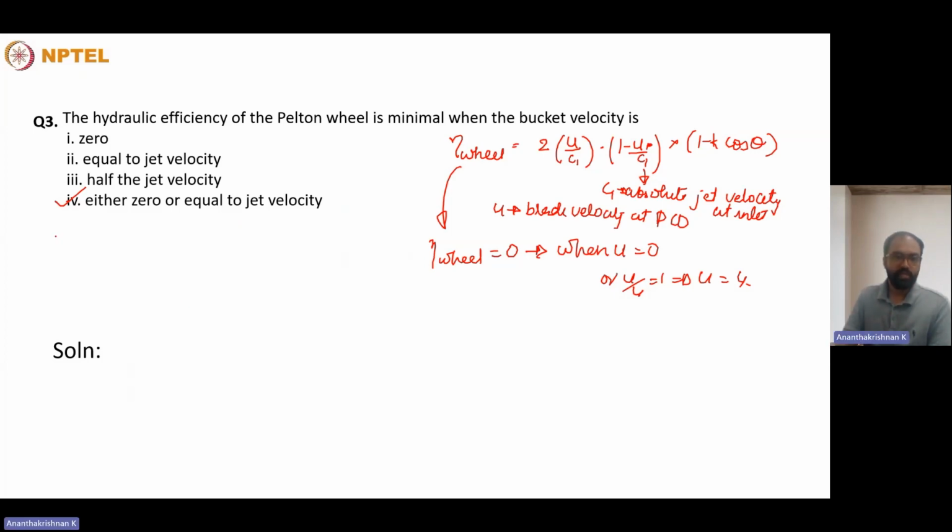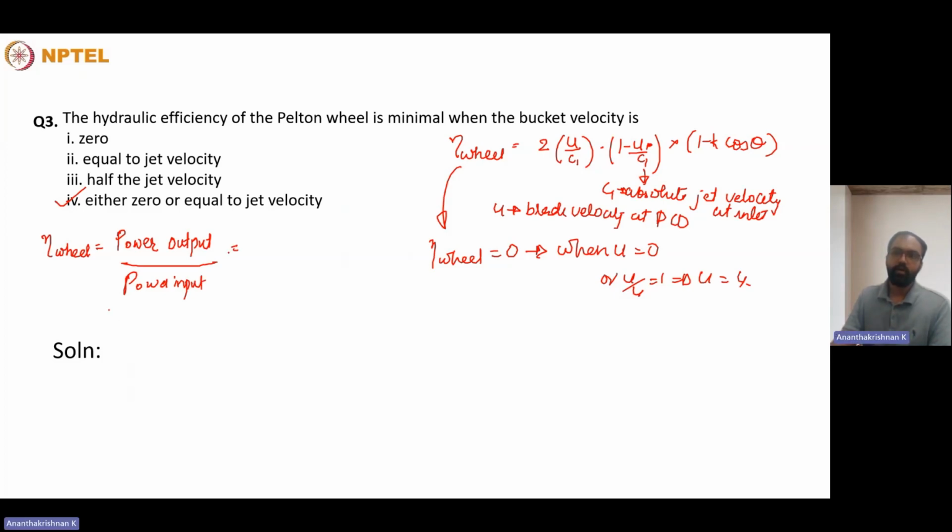So the wheel efficiency is equal to the power output, or the power change which will happen in the blade, to the power input.